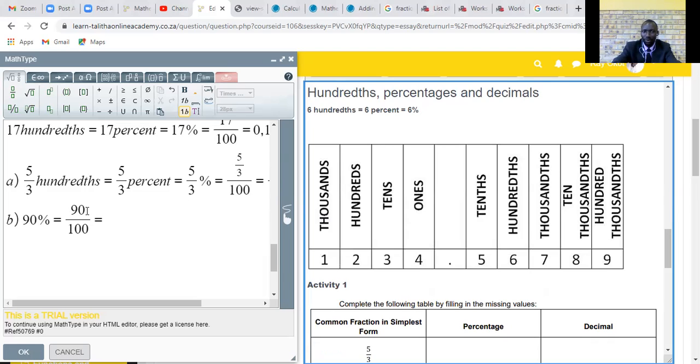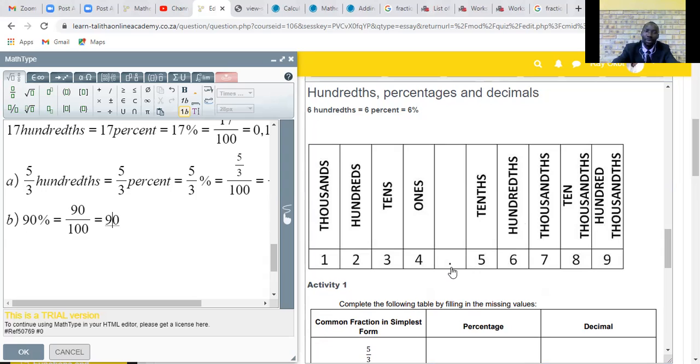Because it is 90 hundredths, there must be 2 values after a decimal point. The values will be a 0 and a 9. So we will be writing these 2. You see here? For 100, you must have 2 numbers after the decimal point.